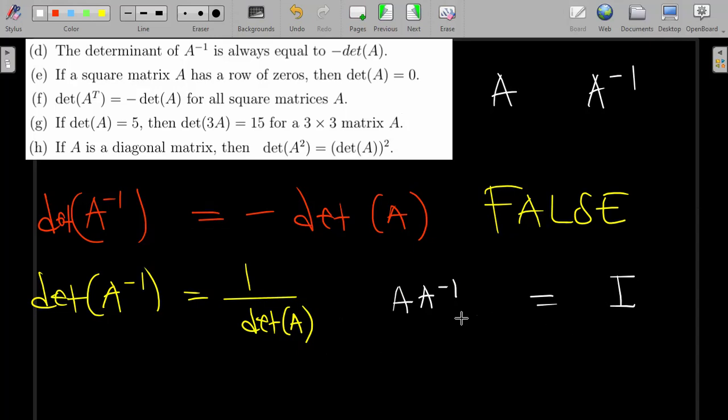Then on both sides, I apply the determinant. By one of the properties of determinants, we can separate these two.